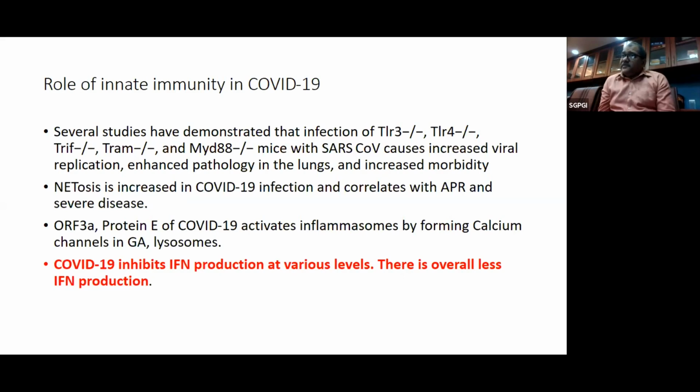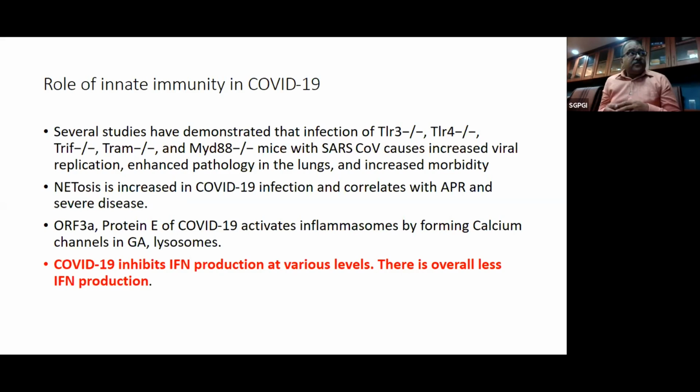What it does is that once a neutrophil is activated by the pathogens and it is unable to control the infection, or it perceives that the danger is too much, it secretes its DNA in the form of nets, like a fishing net. We have all seen fishers, they try to catch fish.